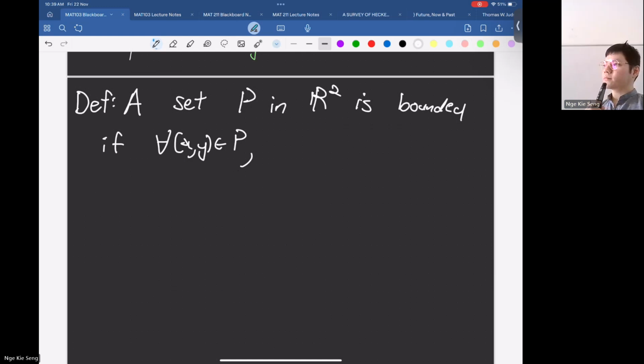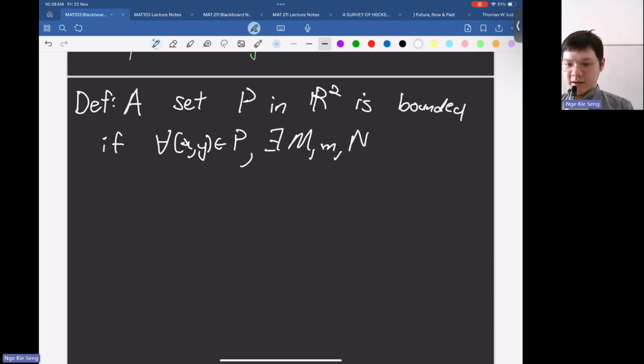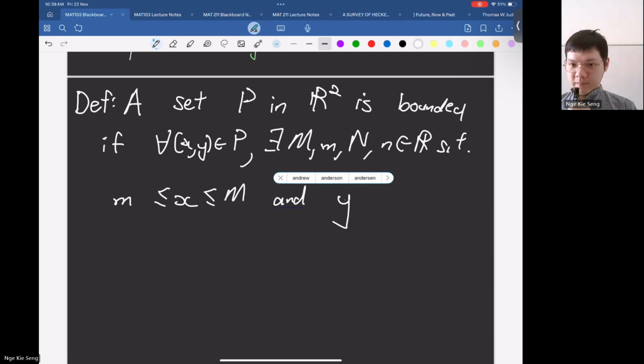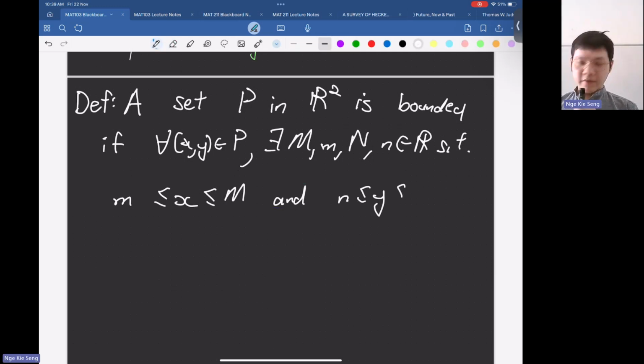Maybe you can bound the two coordinates using four numbers, maybe m, M, n, N. I bound x and y using these four numbers. Little m and little n are the lower bounds, and capital M and capital N are the upper bounds.